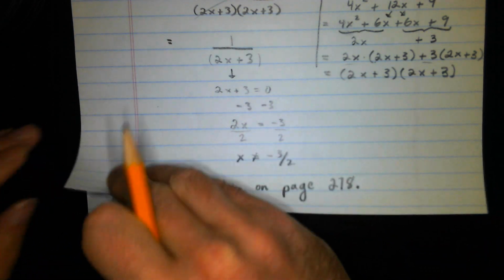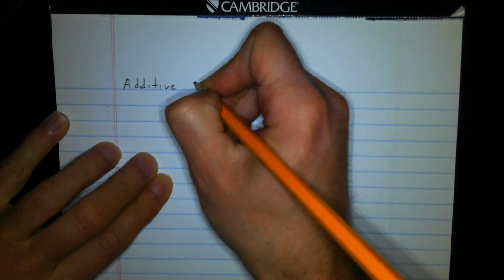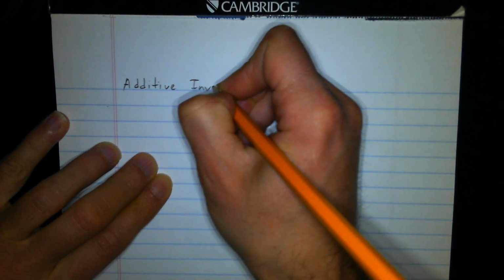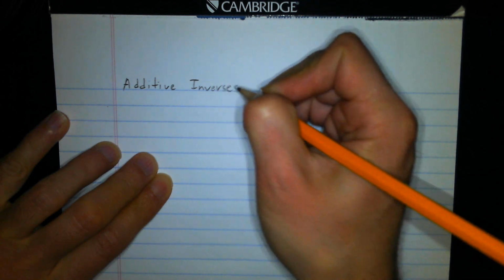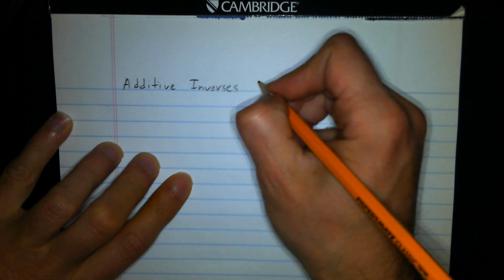Okay, so carrying on here, the next thing we want to look at is additive inverses. So additive inverses. This definition can be found on page 279 in the textbook.